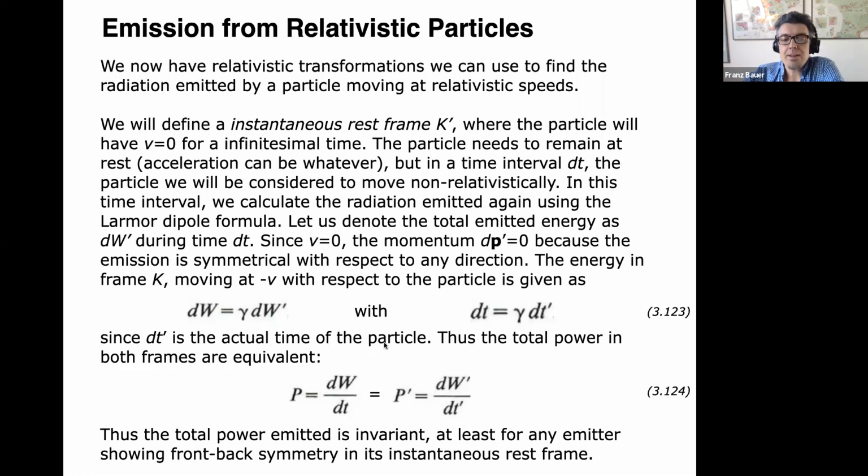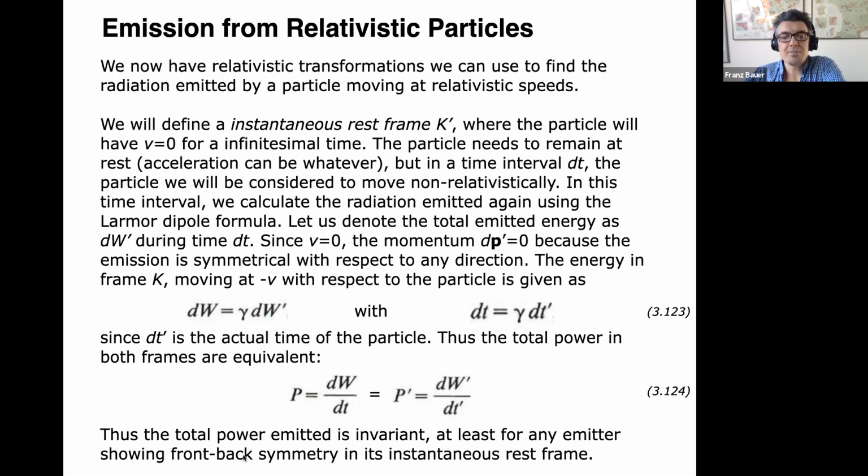We can then calculate the power, which is dW divided by dt, and you notice that these things cancel out. So the power doesn't change. The total power emitted ends up being invariant. This is true for any source that has a front-back symmetry in its instantaneous rest frame.